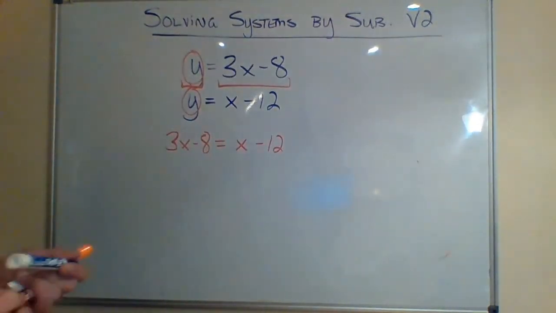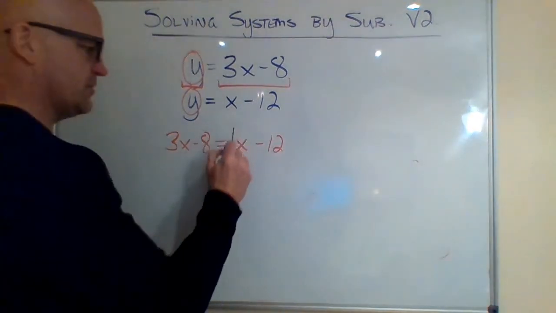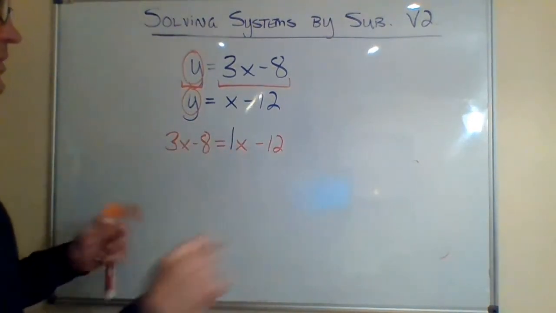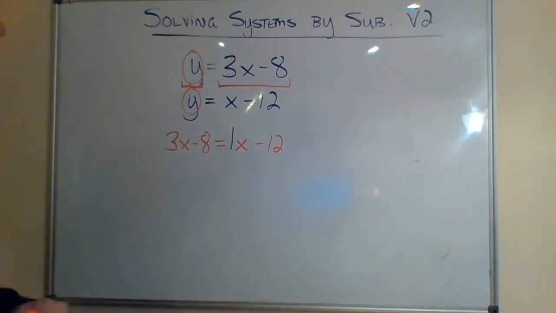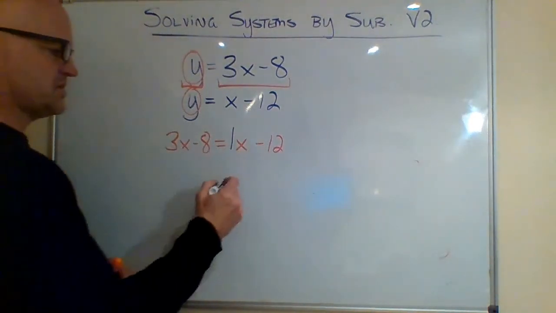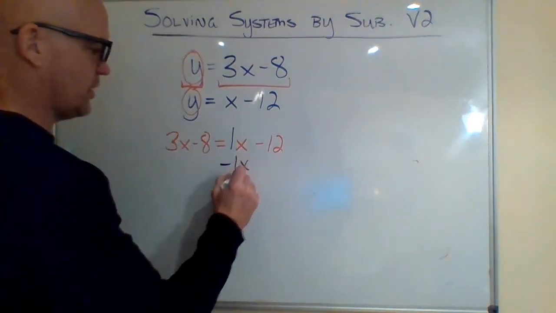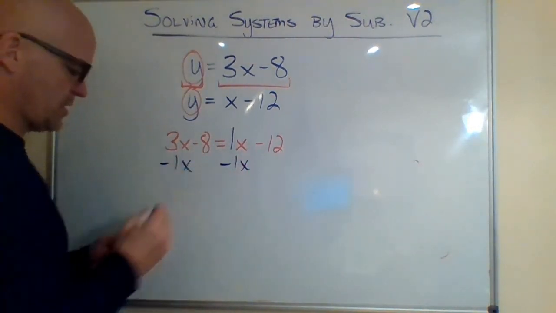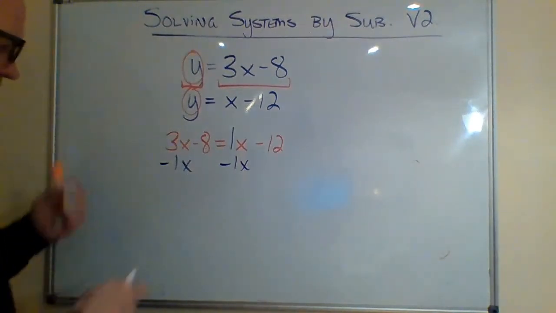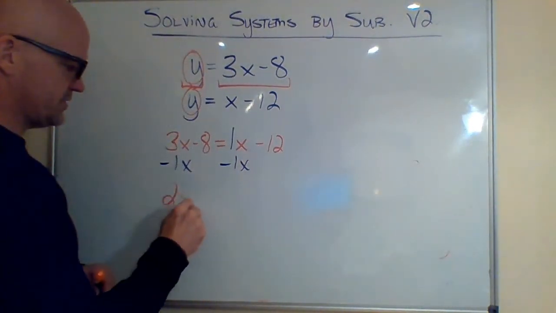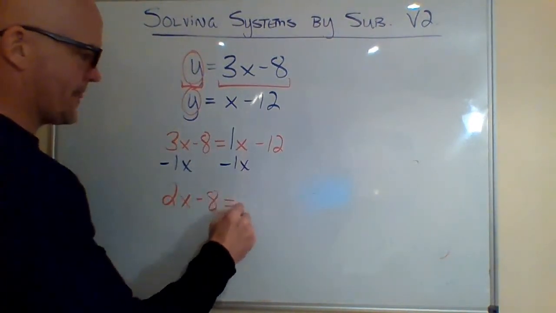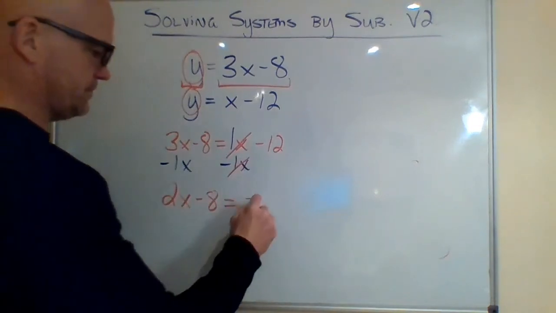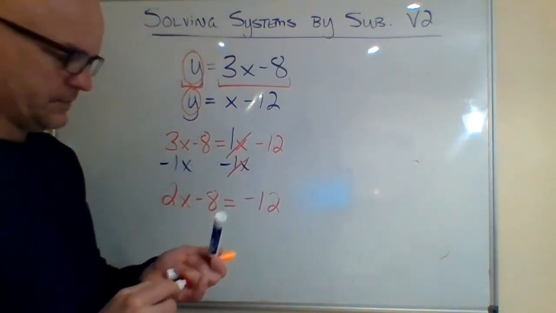Keep in mind, that x has a coefficient of 1. Variables on both sides. Choose the side with the least amount. Get rid of it. 1x is the smallest one. So we're going to subtract 1x from both sides. 3x minus 1x is 2x minus 8. 1x cancels out. Equals negative 12.